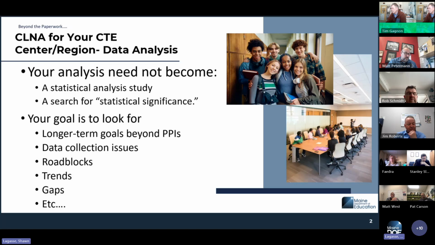So they thought maybe they could put some time and attention into seeing what could help in the long term to address that. And that's perfect. That's exactly what we want you to do, is to look at whether the data, when it's broken down, helps you identify some of these concerns.